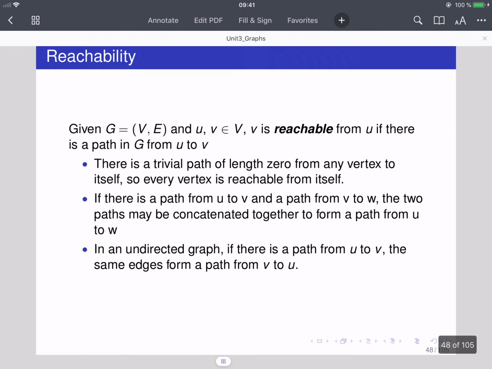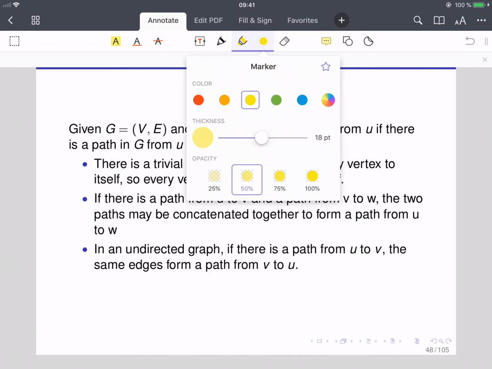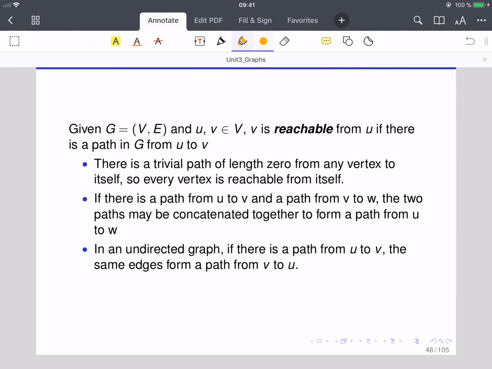So the first definition that we need is what we call reachability. We are going to say that a vertex is reachable from another vertex if there exists a path from the original vertex to the other one.